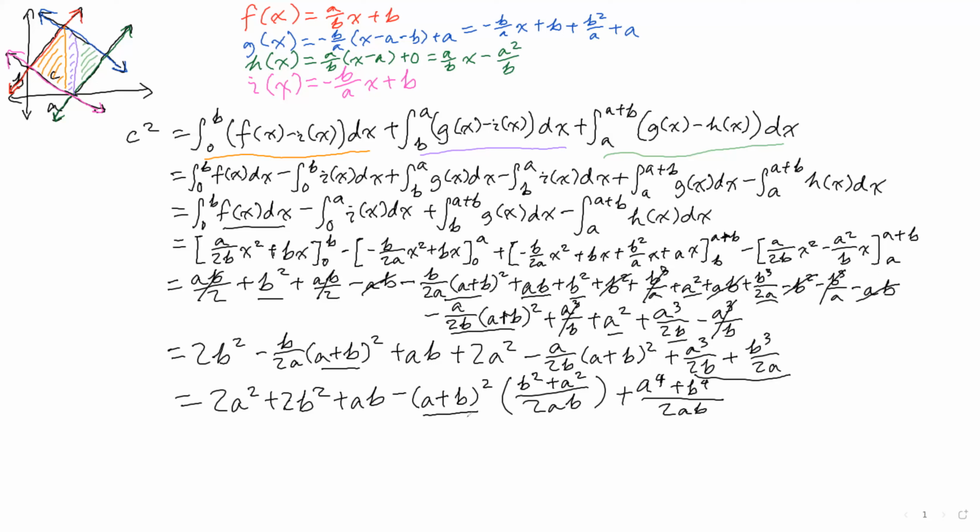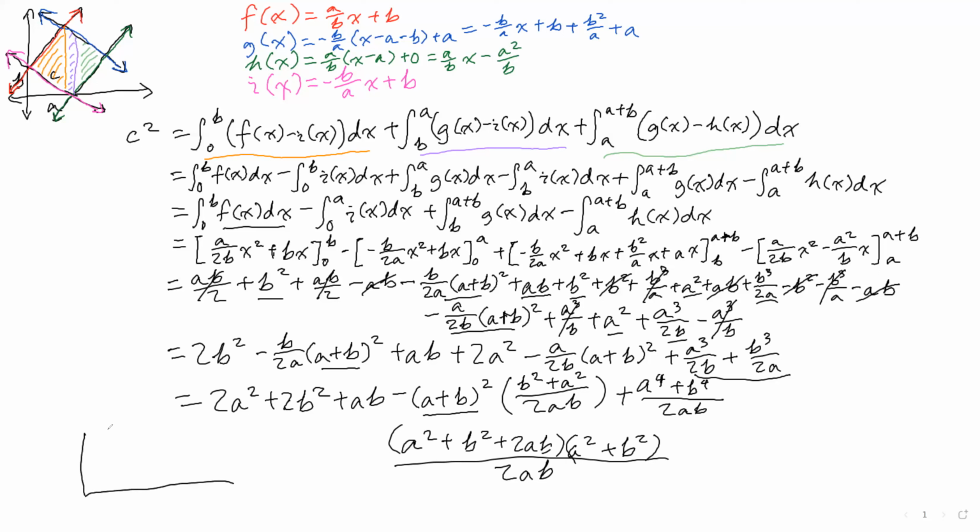So that would turn out to be a squared plus b squared plus 2ab times a squared plus b squared over 2ab. And this is some pretty hard multiplication, so I'm going to use the box method.